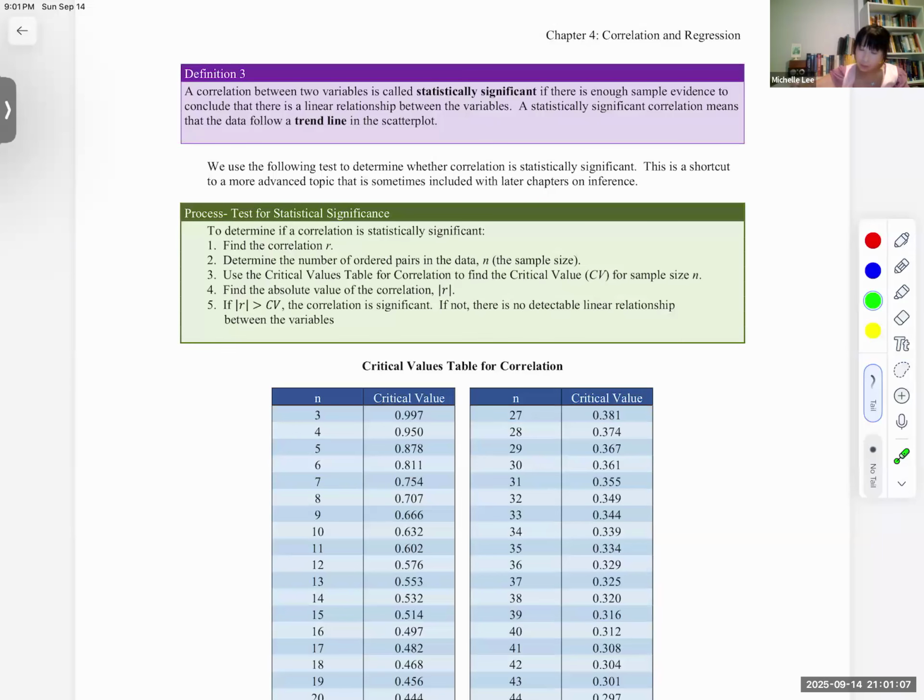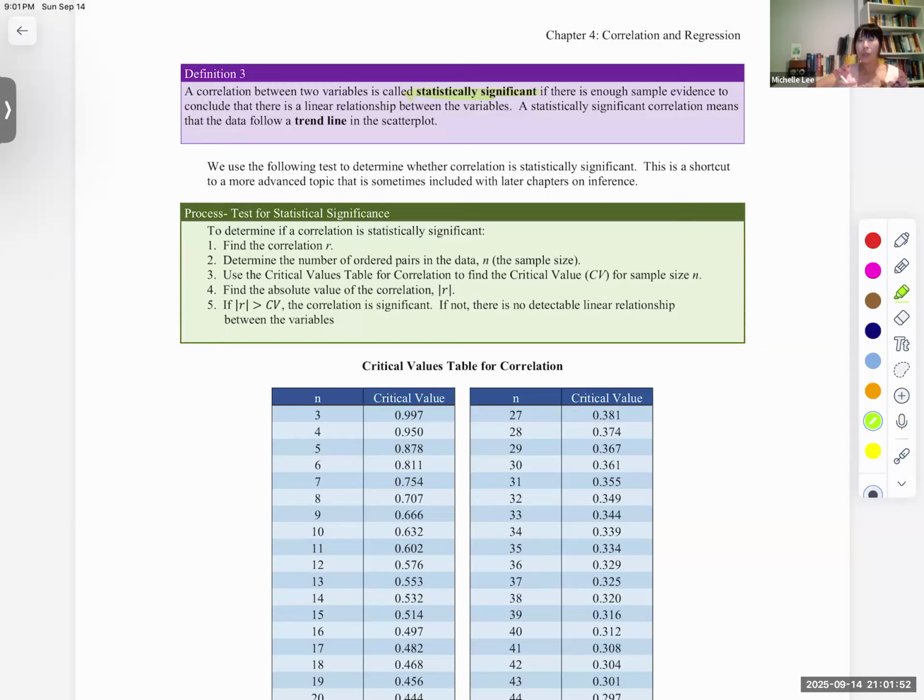Okay, so this is the guideline for how to check whether the correlation is statistically significant or not. Let me highlight statistically significant. All right, so we have a correlation R, then we take R as an absolute value. That means we compare only the number, because correlation gives us direction and strength.